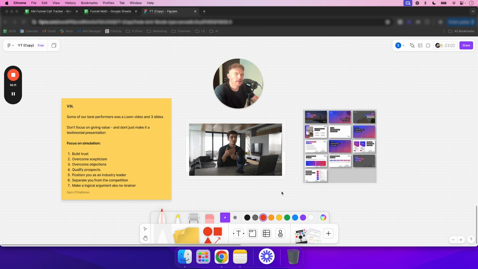So we actually call it a simulation funnel. When we create this for the clients, the whole goal is to give them a simulation of what it would look like to work with you as an agency. And this is really good because number 1, it builds trust. Number 2, it overcomes any skepticism of what the process would be like to work with you.